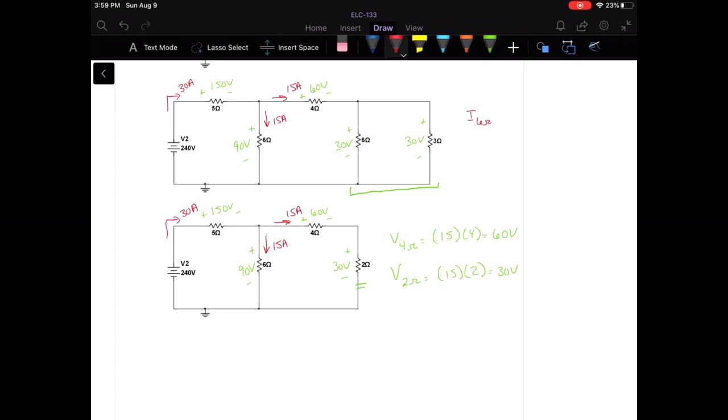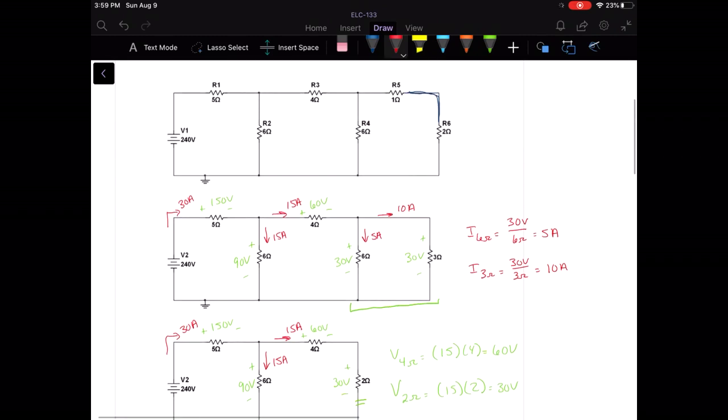And the current through the 6 ohm is going to be 30 volts divided by 6, or 5 amps. And the current through the 3 ohm will be that same 30 volts, this time across 3 ohms of resistance. So I have 5 amps there and 10 amps there. So as you can see, your 30 amps coming from the source, it splits evenly here, but not evenly here, because we have different amounts of resistance through those branches of our current divider.